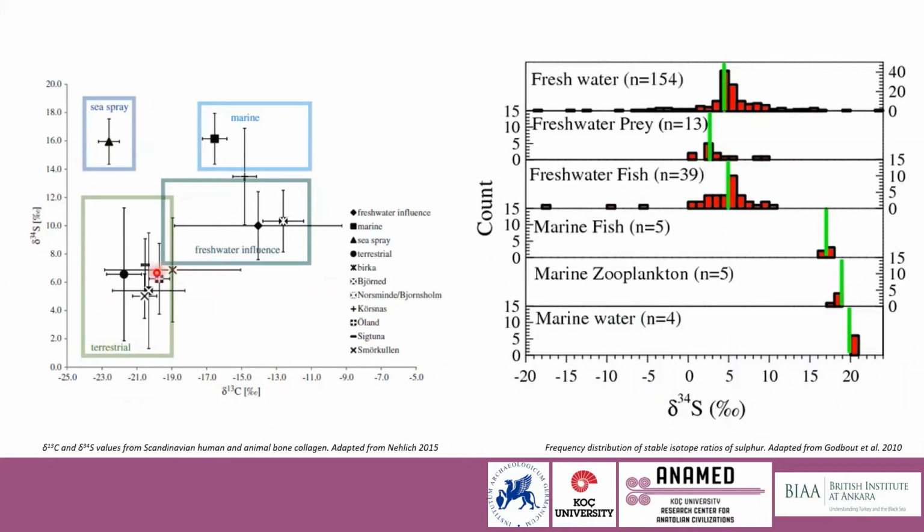When you plot them together, you can see the terrestrial group, the freshwater group, the marine group here, and then this is the sea spray. So the closer you get to 20 per mil for sulfur, the more likely you are to be closer to or come from a marine environment. And obviously the reverse is applicable: the further away from 20 per mil you get, the more likely it is to be terrestrial.